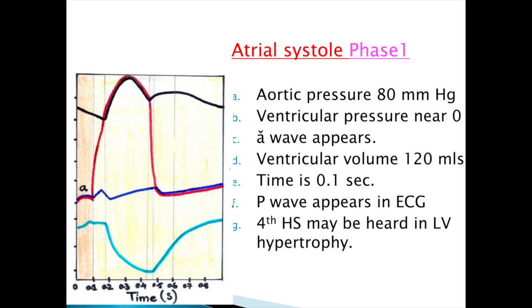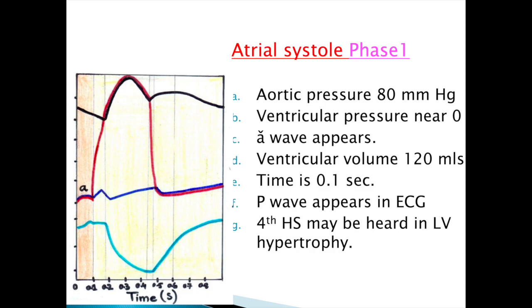The second red one is the ventricular pressure curve, and the third is the atrial pressure curve, and the fourth curve, which is green or blue in color, is showing the volume in the ventricle. So during atrial systole, aortic pressure is 80, and ventricular pressure, this red line, is near 0, maybe 2, 3, 4, 5.